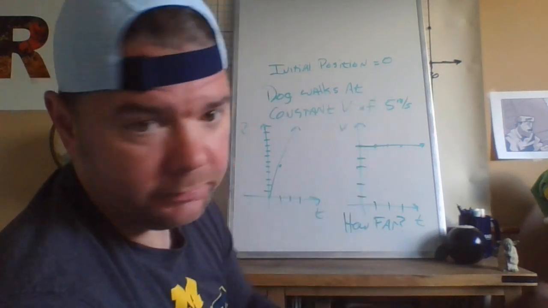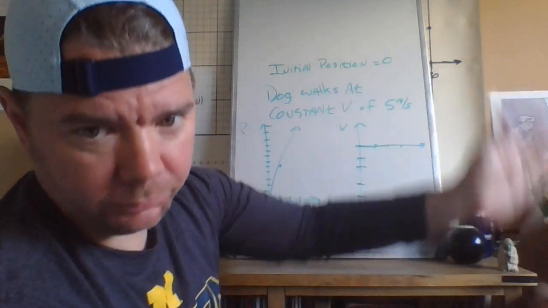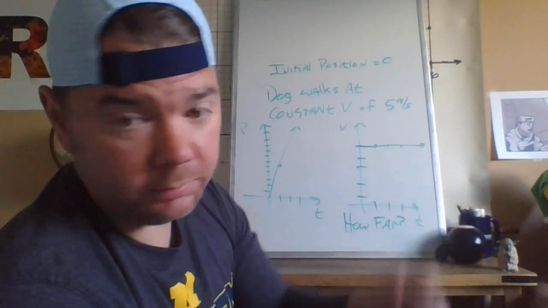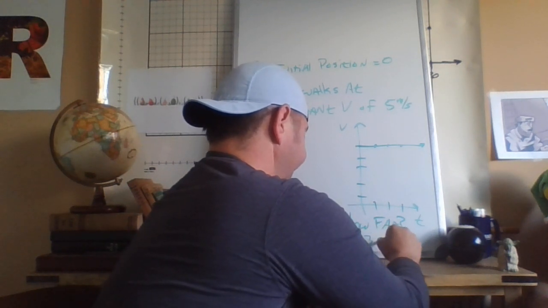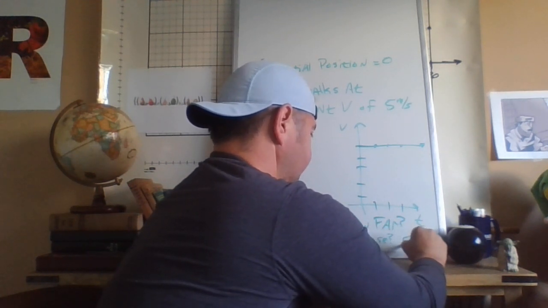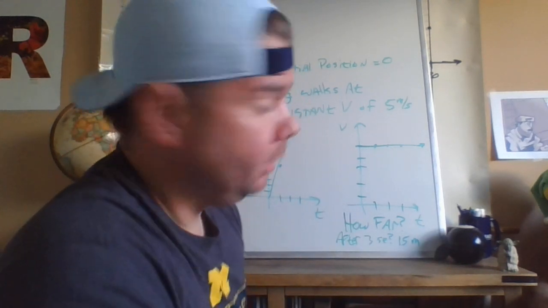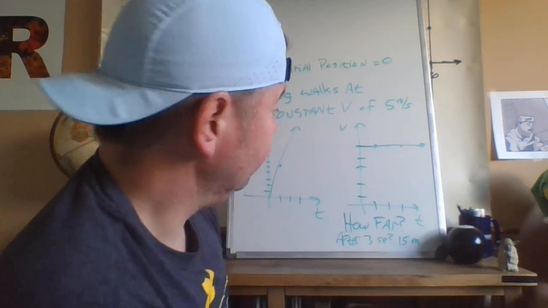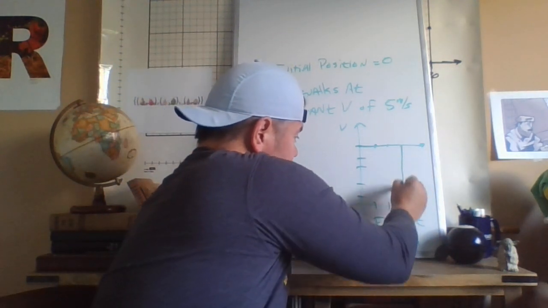It's going 5 meters per second, so every second it moves 5 meters. 5 times 3 is 15. So how far after 3 seconds? The answer is 15 meters. And you're like, big deal.